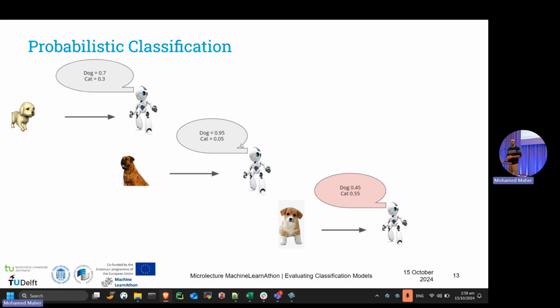For this image, it could be 0.95 as a dog. So the model here is pretty sure that this is a dog. For this image here, it could be 0.45 as a dog and 0.55 as a cat. So this means that the model is not very certain or confident of its prediction. And in this case, we cannot rely on the model prediction for this image.